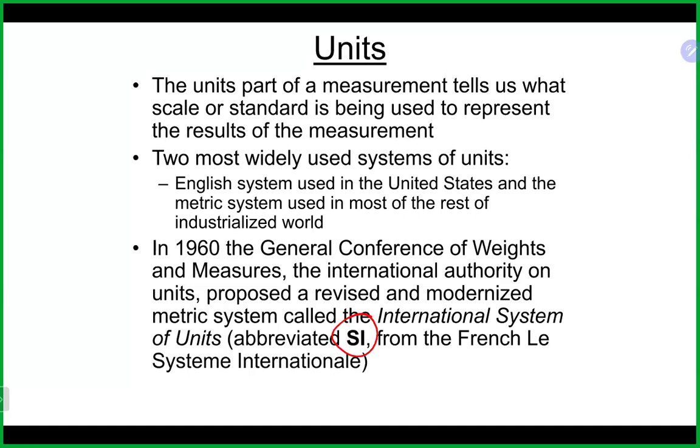And the SI units are basically, for chemistry and the sciences, an internationally agreed upon set of units, which frankly is pretty much the metric system. It's pretty much based off of the metric system. So a lot of times in chemistry, you'll hear the SI unit for this is that, or the SI unit for that is this.